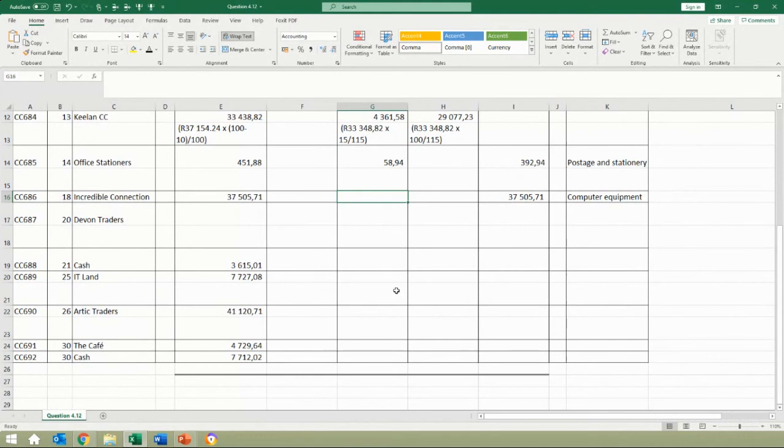Okay, do I have any takers? Who can tell me how you work out how much money we owe Devon traders at the end of April? What amounts do you need to add or subtract to get to that balance?